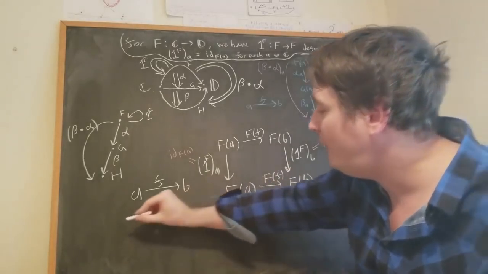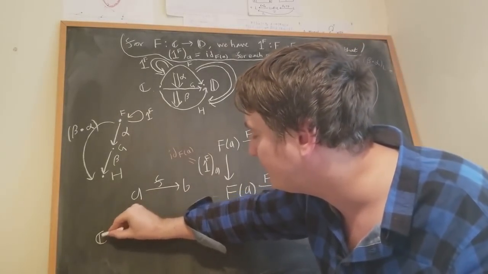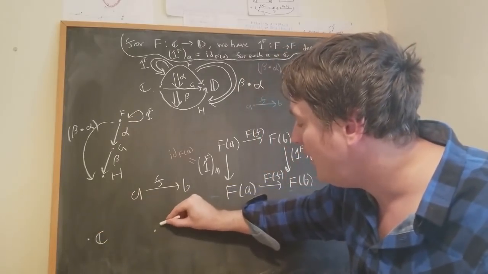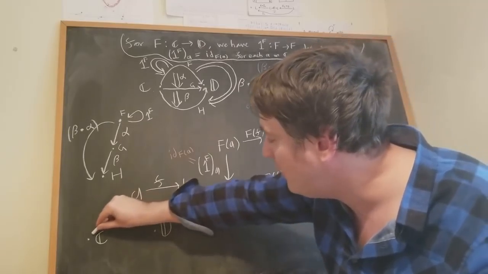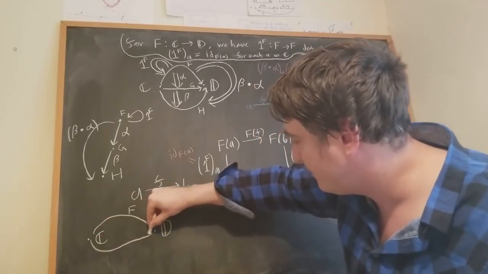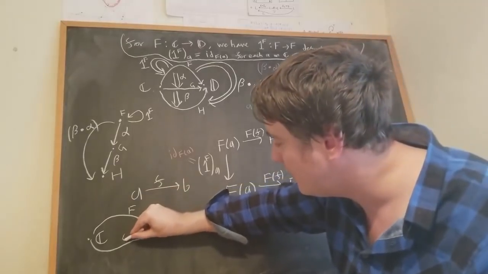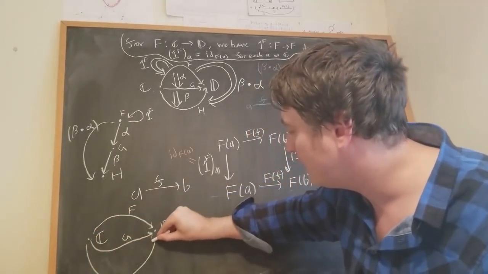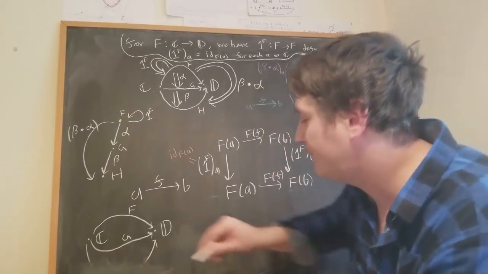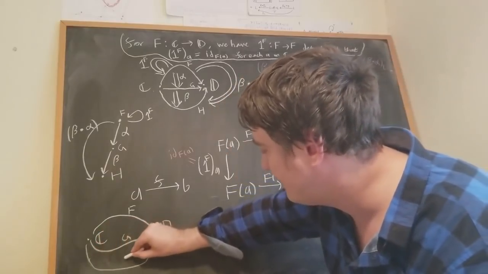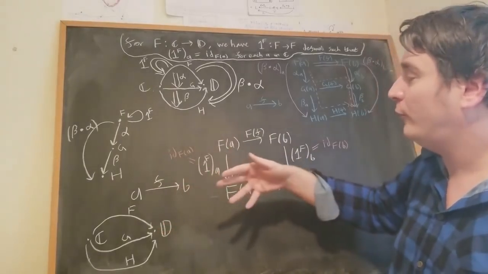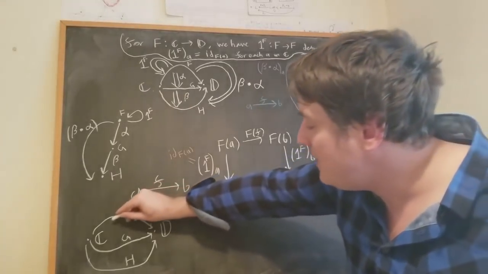So basically I'm saying that if in this category of categories we have a category C and a category D, and we can consider this family of functors from C to D, and if we consider all such functors, we'll have natural transformations between them.